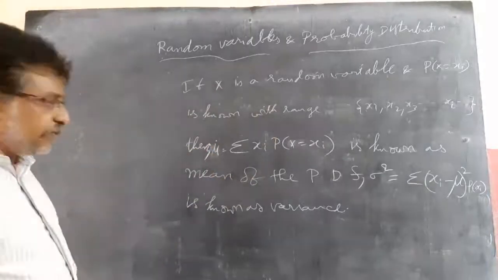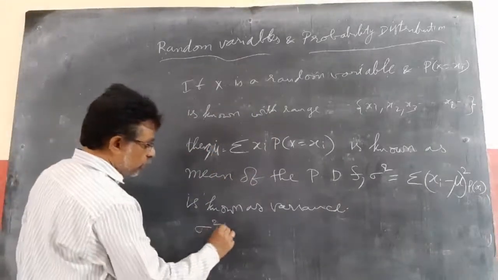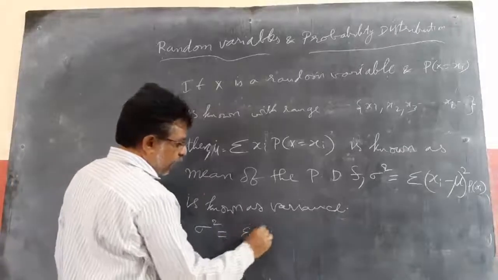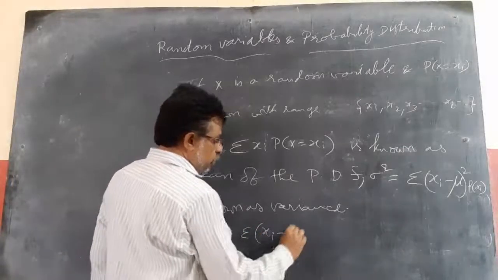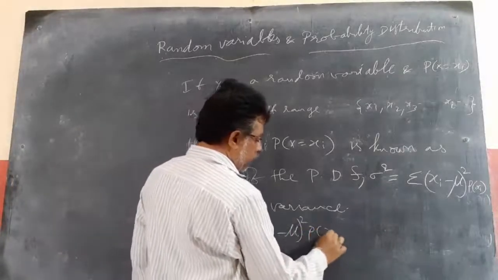If you simplify the variance formula, the definition says sigma xi minus mu whole square into P of xi.